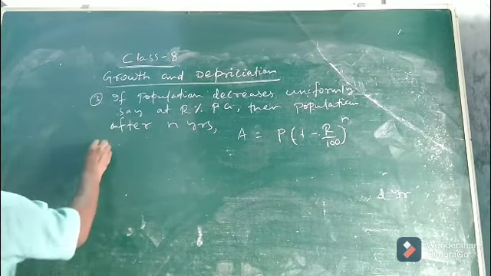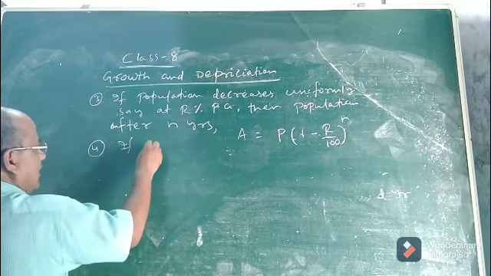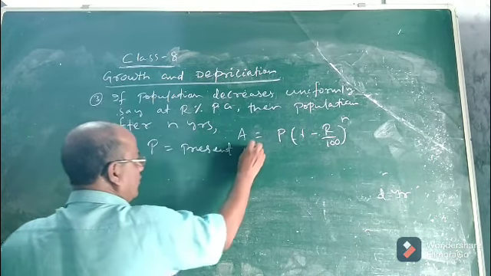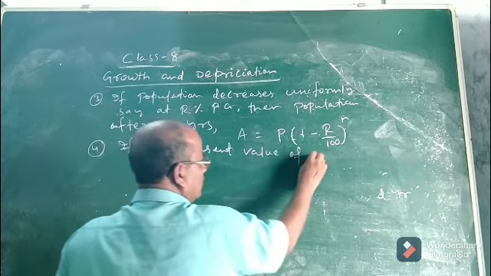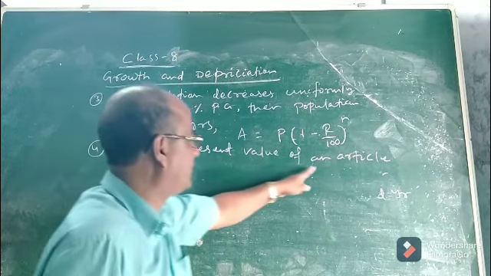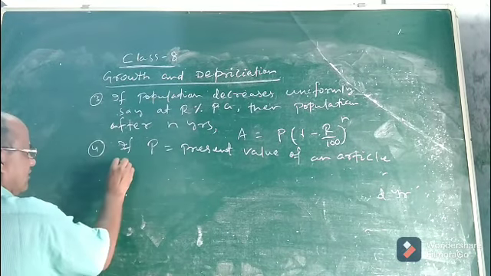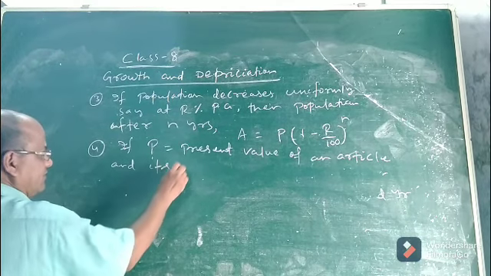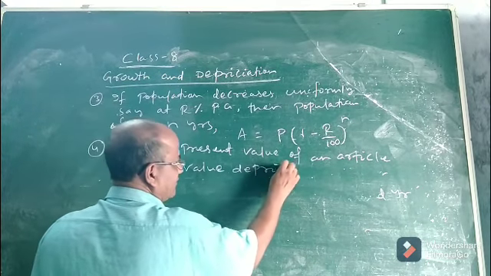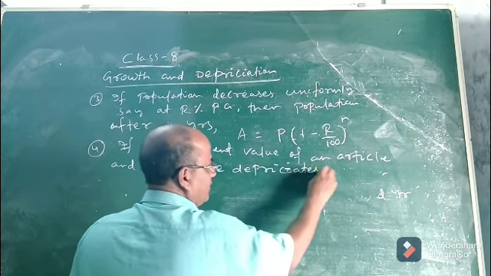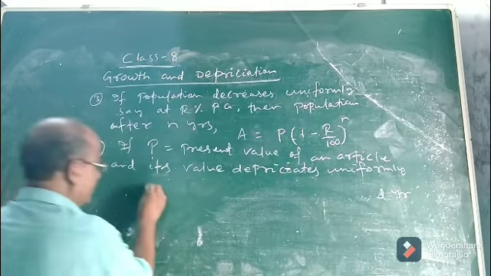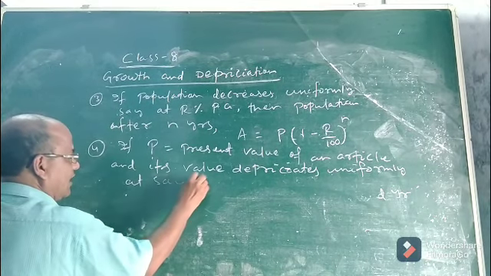If P equals the present value of an article, maybe a building, maybe a plant, whatever, and its value depreciates uniformly at say r% per annum.